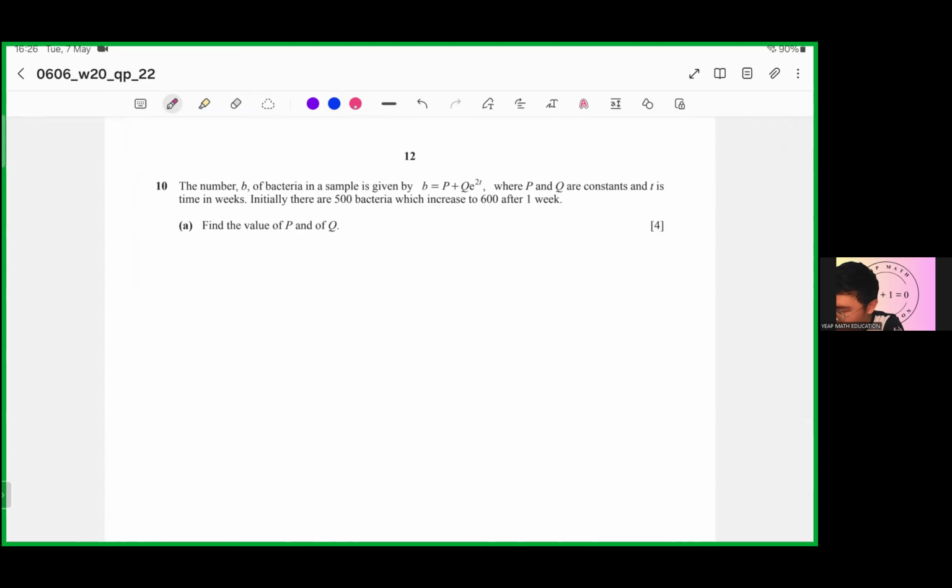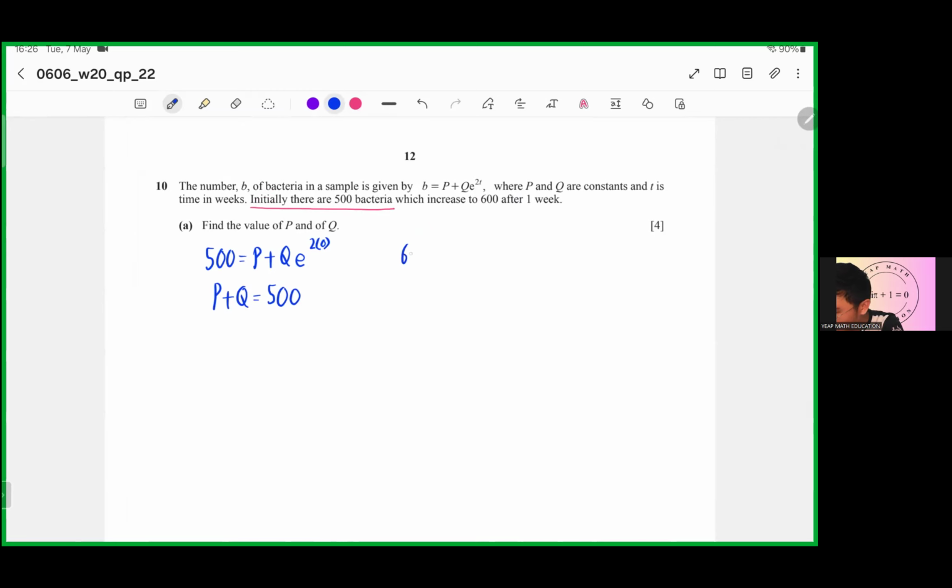Okay, so now we can start. First we say initially 500 bacteria. So we can write 500 equals P plus Q e to the power 0. So we will get P plus Q equals 500.